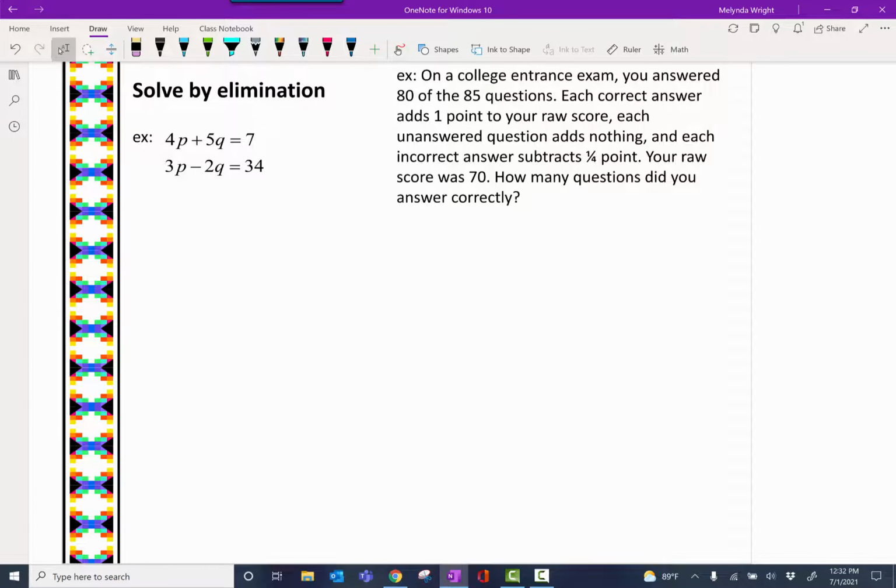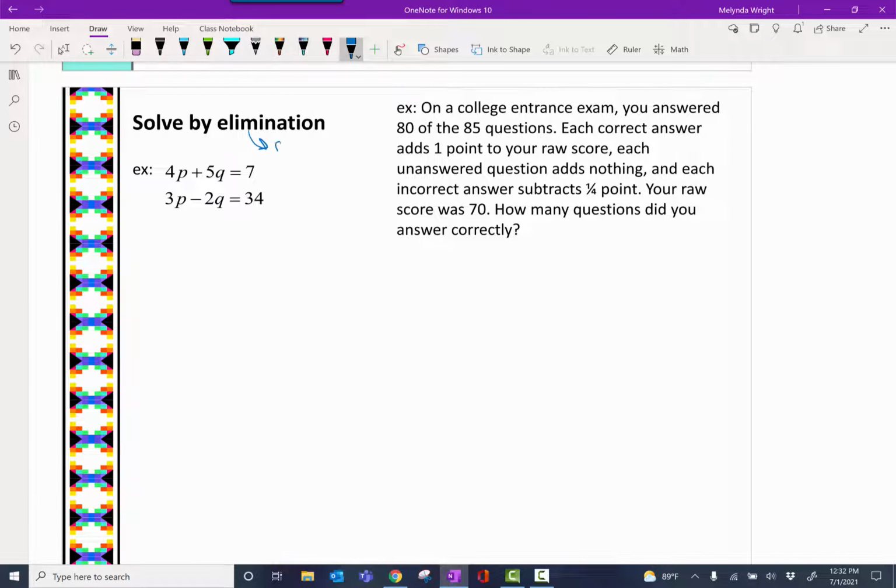We want to get rid of, or eliminate, one variable. Again, it doesn't really matter which one you choose. I can get rid of the p's or the q's. I'm going to choose the q's because they're already opposite signs, and I like adding. I don't know about you, subtracting is dangerous.